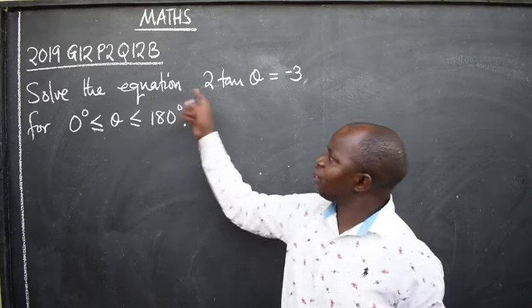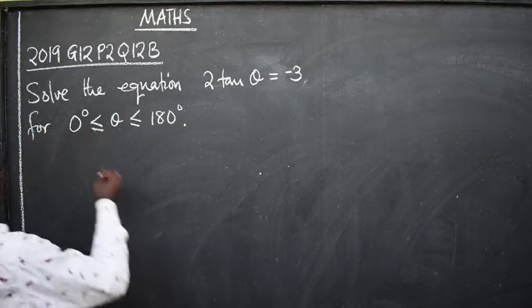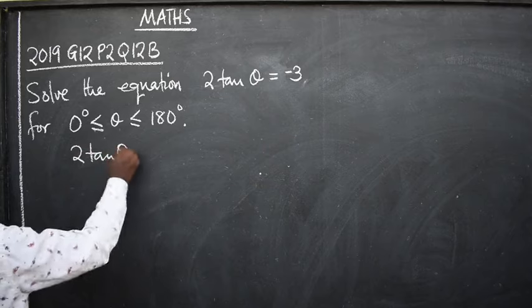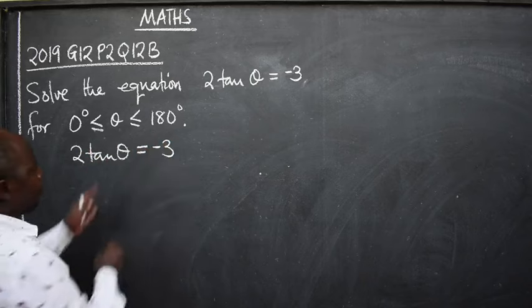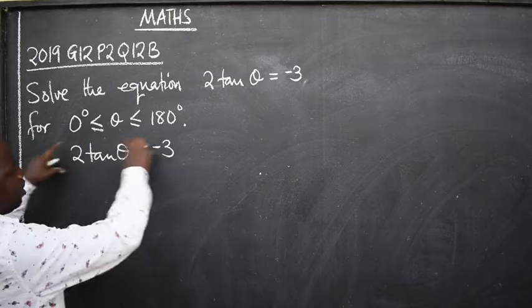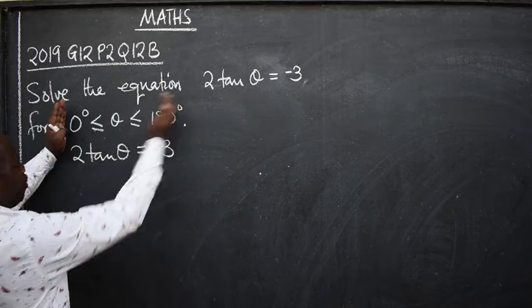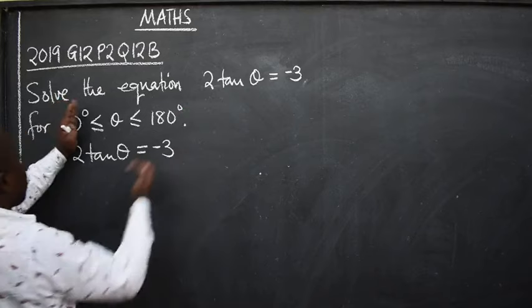Let's begin. Solve the equation. This is the equation that we have been asked to solve, which is 2 tan theta is equal to negative 3. We need to find the value of theta that will satisfy this equation. Remember, the answer should be within this range, not outside or less.